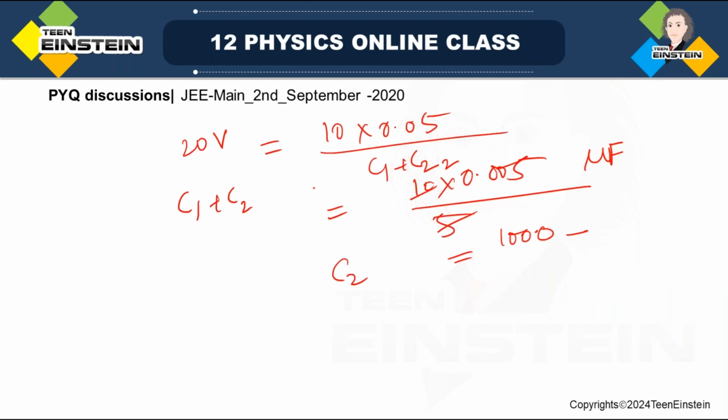So this is becoming 20, and C1V1, I'm sorry, this is actually C1 V1. C1 is 10 microfarad into V1 is 50. This is what was there. This has the dimension CV, dimension of charge. Okay.